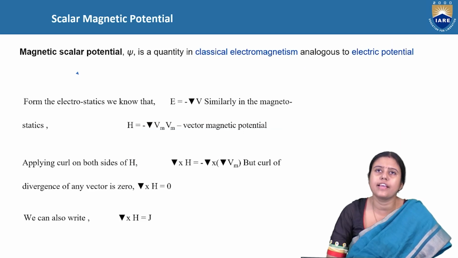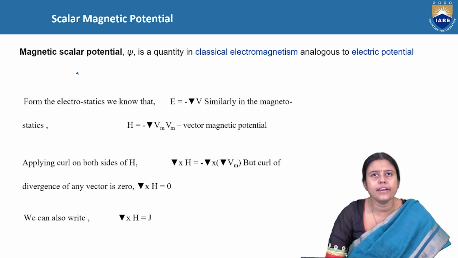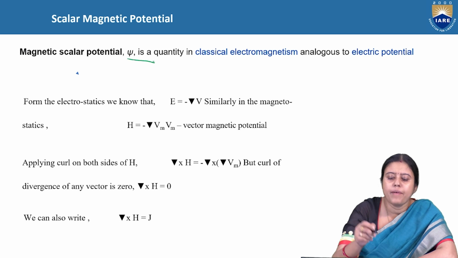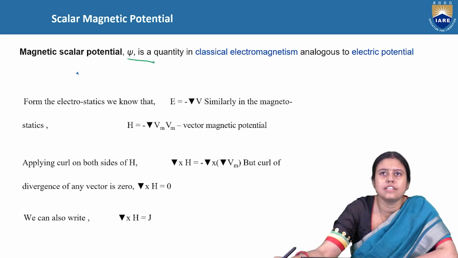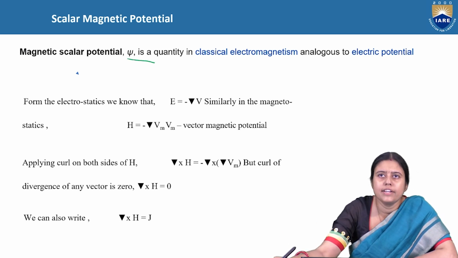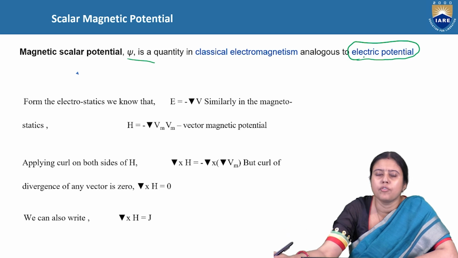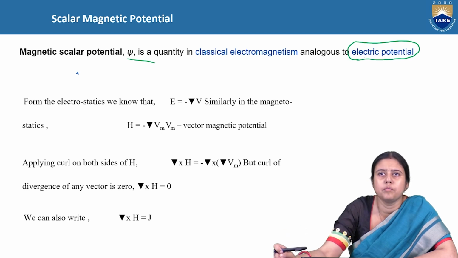So what is the scalar potential? Magnetic scalar potential is written by psi. It is a quantity in classical electromagnetism and it is similar to the electrical potential.